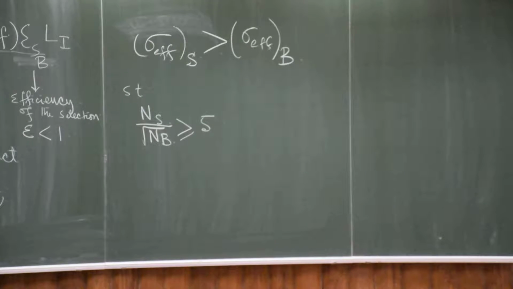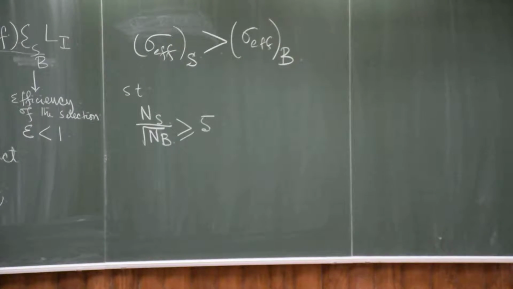Otherwise you wouldn't require greater than or equal to 5 sigma. Definitely it is 99, 99 point something. Alright.